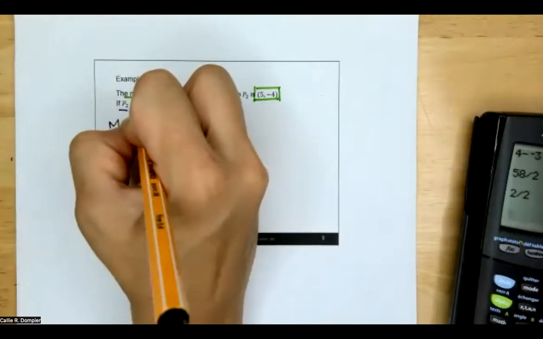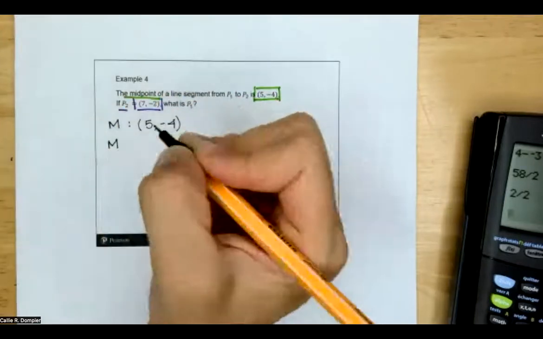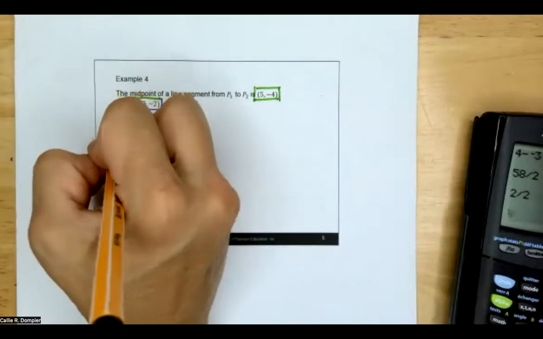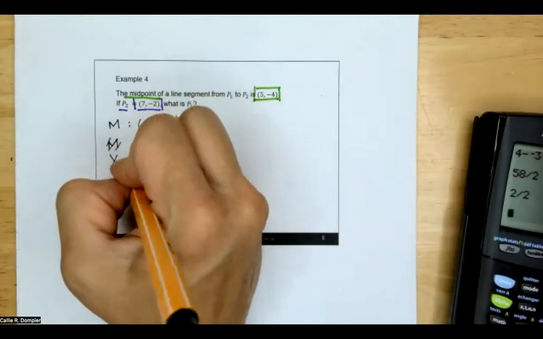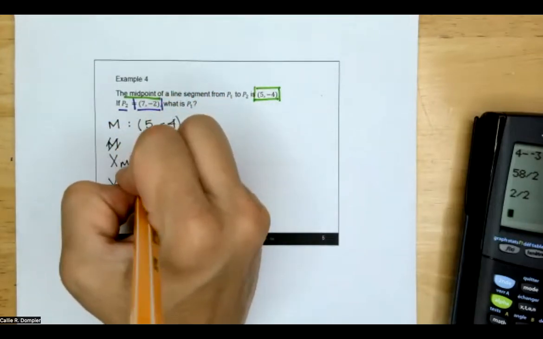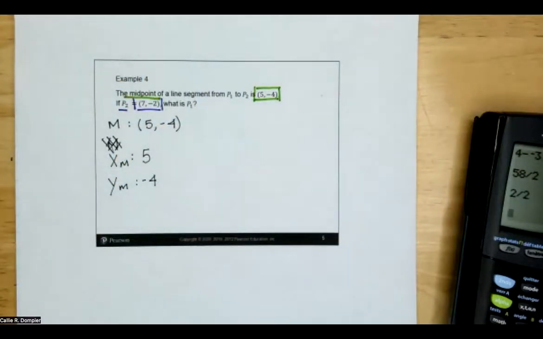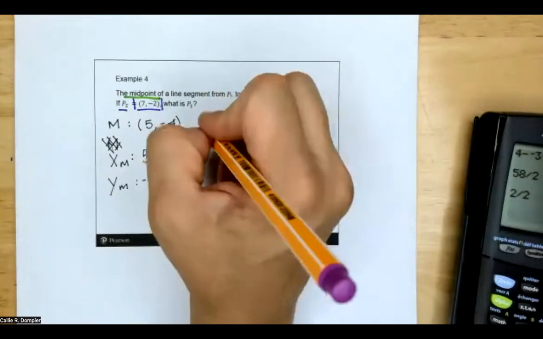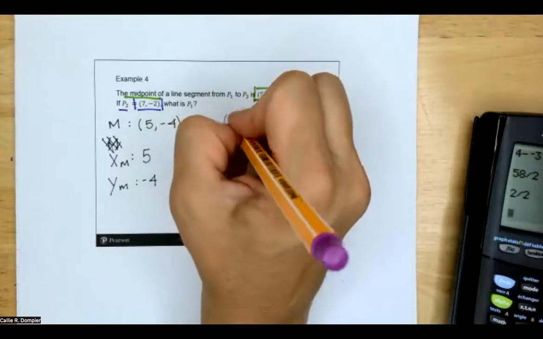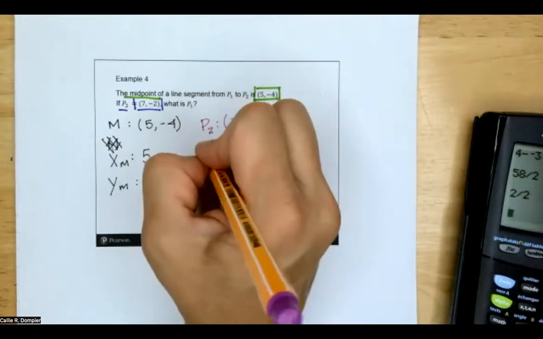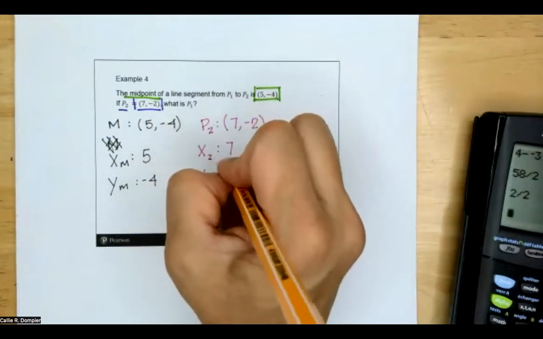M is 5, -4. So the x of my midpoint is 5. The y of my midpoint is -4. And P2 is 7, negative 2. That means my x sub 2 is 7. My y sub 2 is negative 2.